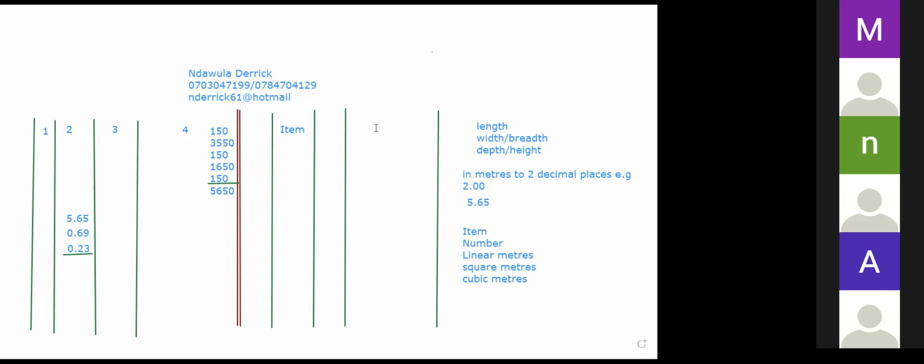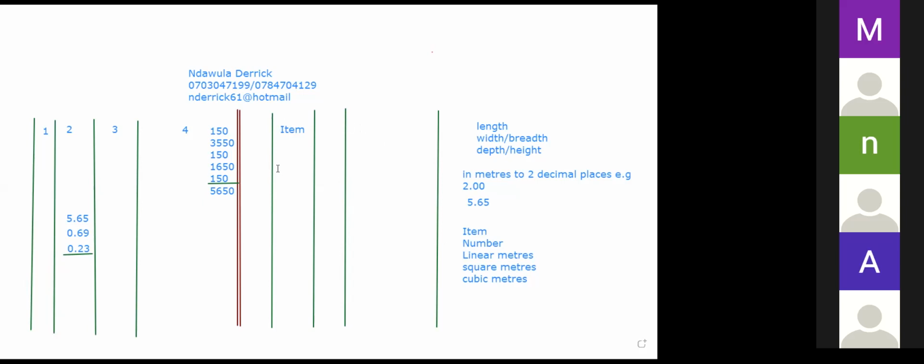There are a lot of things involved, so sometimes we just refer to it as an item of work. Some other thing we refer to as an item of work is, for example, clearance of termite nests, killing the queen, spraying chemicals and stuff like that. So all those works we refer to as an item. So in my dimension column, I'll put item, and then I'll put the description.